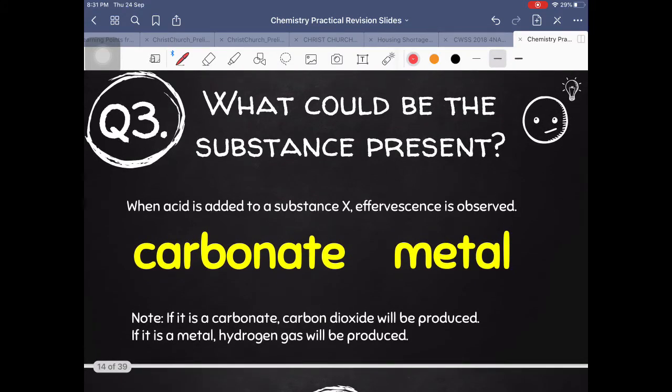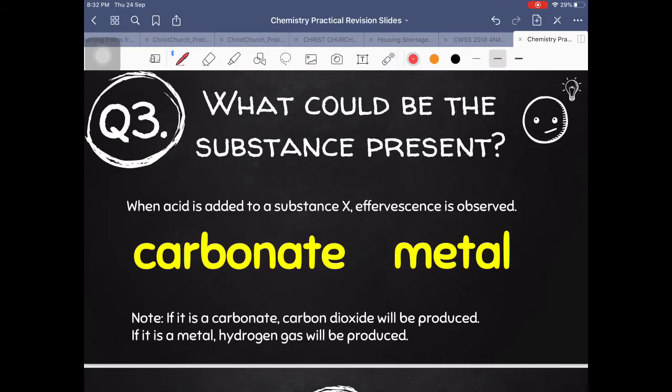When acid is added to a substance X, effervescence is observed. So what could the substance be? If you think carefully, what are the different reactions of acids that will produce effervescence?